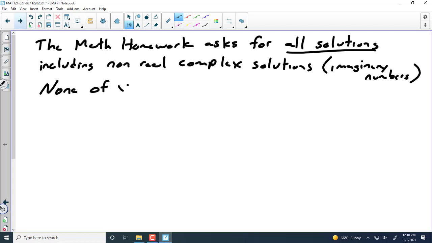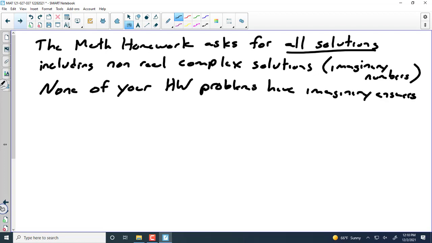None of your homework problems have imaginary answers. So you can just ignore that. The instructions are in there, and I couldn't do anything to get rid of the instructions that say that, because there are some problems for people that are taking like a pre-calc class that have imaginary answers in this section. You don't have to worry about that. So when you read that in the instructions, and it says like find the imaginary answers also, none of yours have imaginary answers. So don't worry about this.